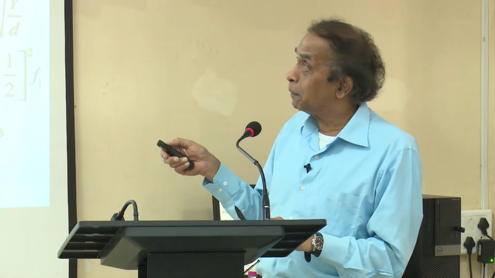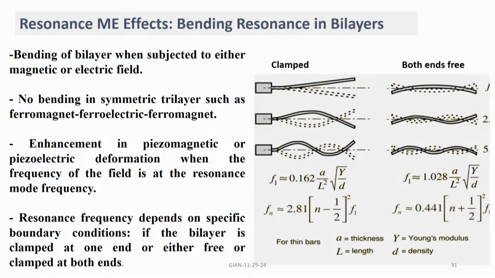I already told you why there will be a bending resonance or a longitudinal resonance. If it is a bilayer, the first resonance mode is bending, because in the magnetic field or electric field, only one phase will respond by either shrinking or elongating in length. The other phase will not, so there will be a bending resonance.